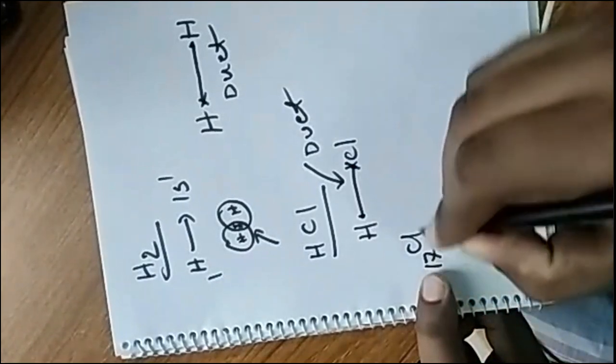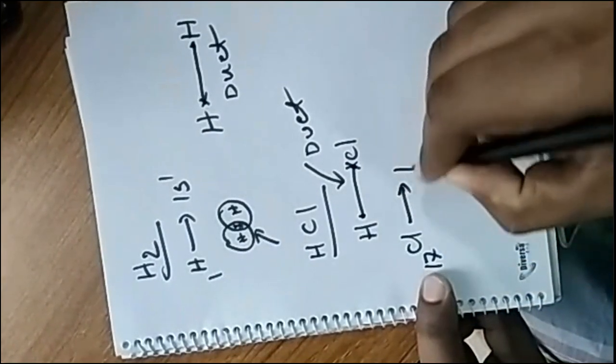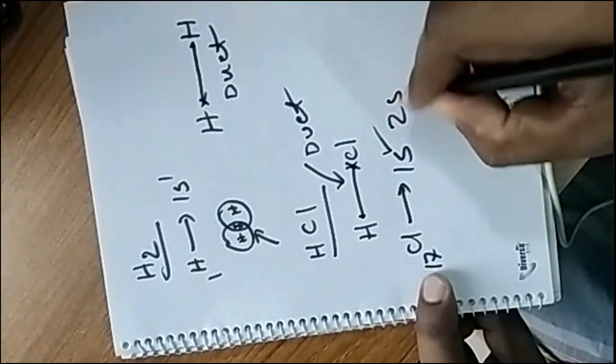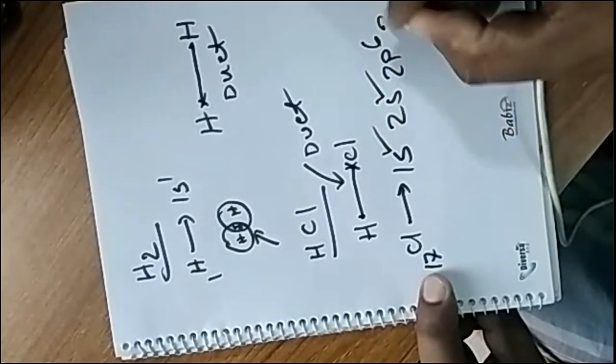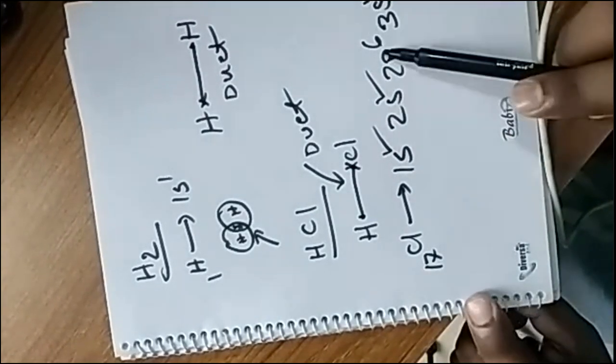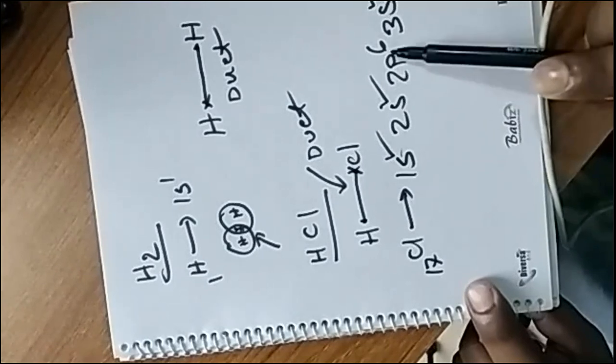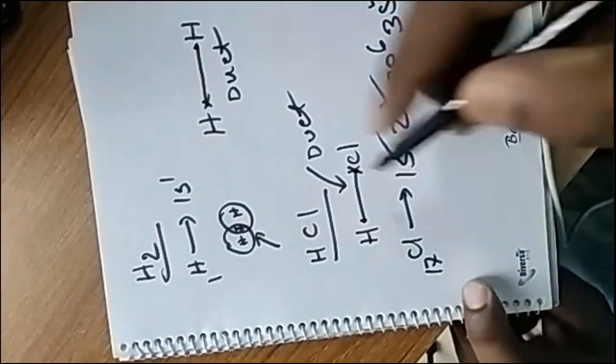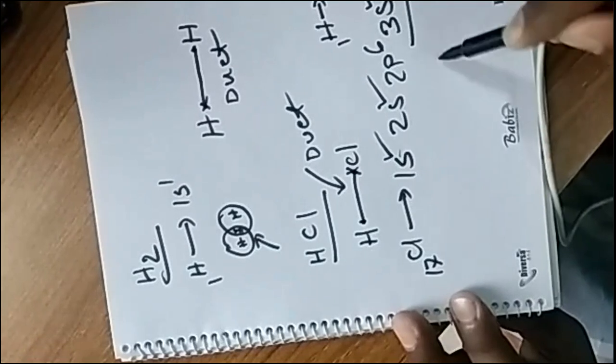I have another thing that I want to share with you. The atomic number of chlorine is 17. Its electronic configuration is 1s2, 2s2, 2p6, 3s2, then 3p5. Total 17: 2, 4, 6, 8, 10, 12, then 17. If one electron of hydrogen comes here, then you can see that 3s2 3p6, that is, the octet is filled up.